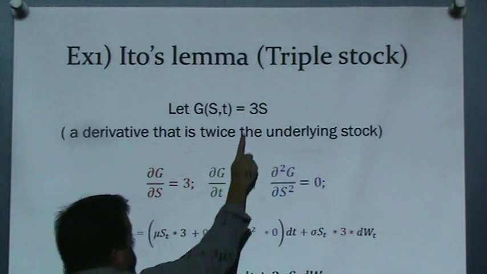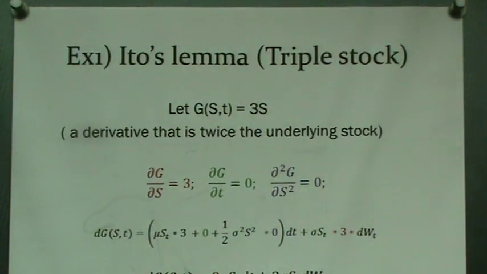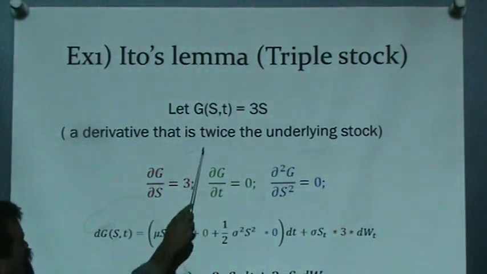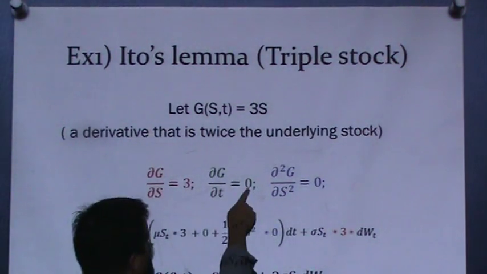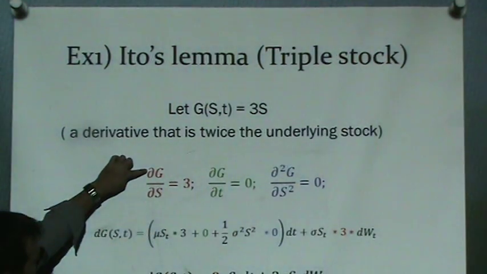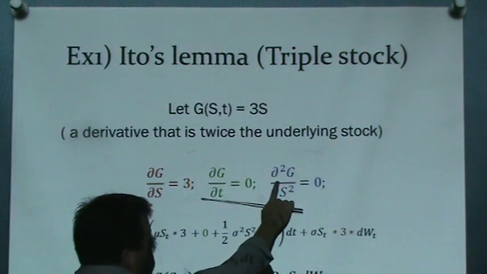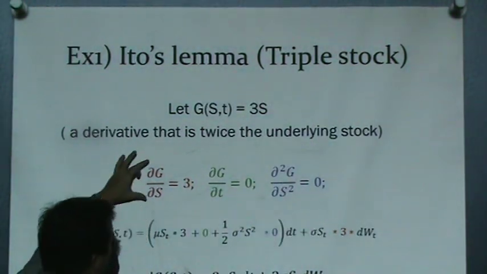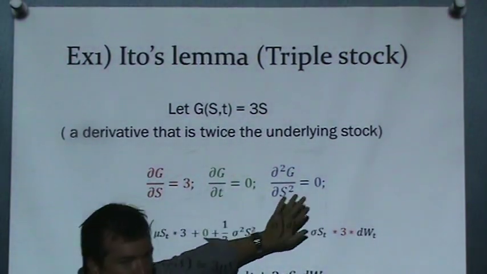The derivative of 3S with respect to time, it actually doesn't have any time. So the derivative of G with respect to time would be 0. And then the second derivative of G with respect to S would be the derivative of 3 with respect to S, which is 0.